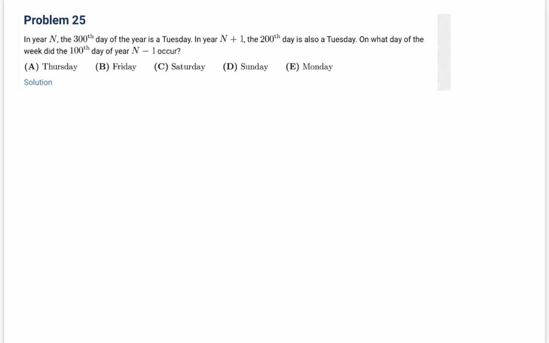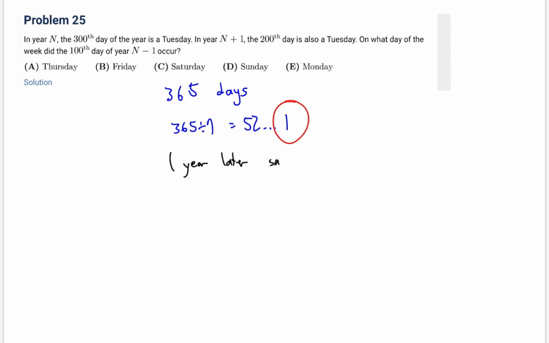So for this one, you first need to know that there are 365 days in a year, right? And if you divide 365 by 7, this is 52 with a remainder of 1. This one is very important. So this means that 1 year later, the same date will have moved forward one day.